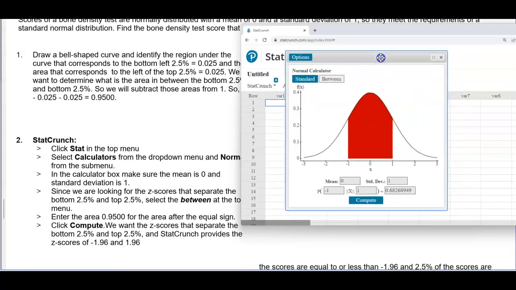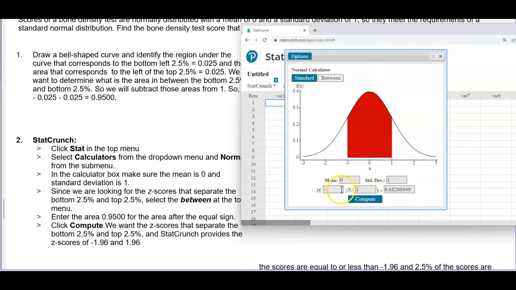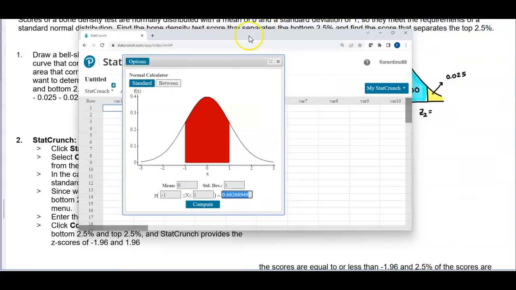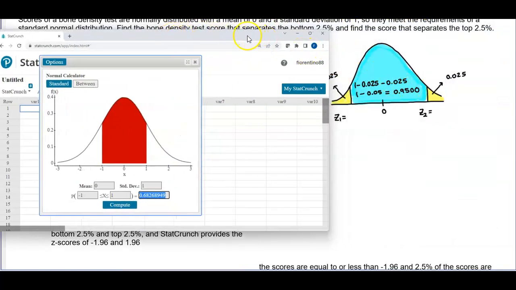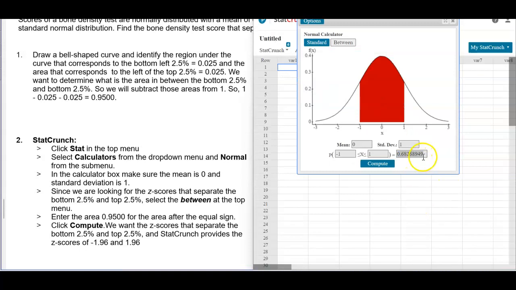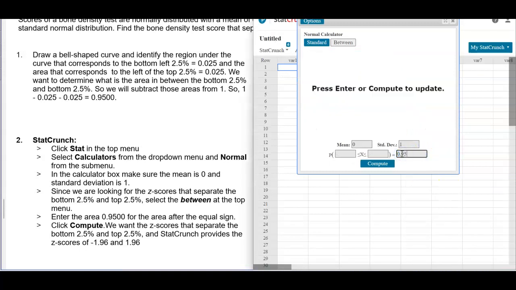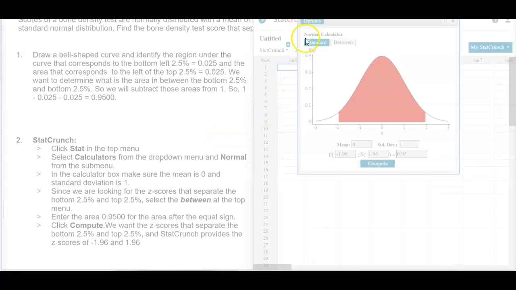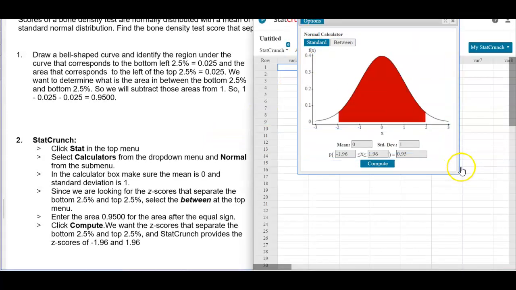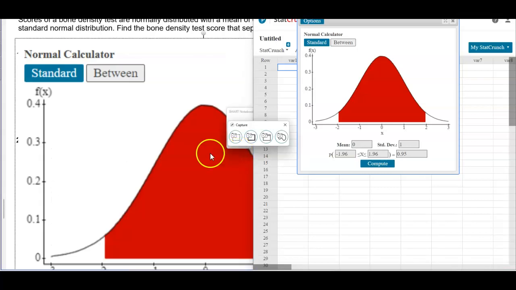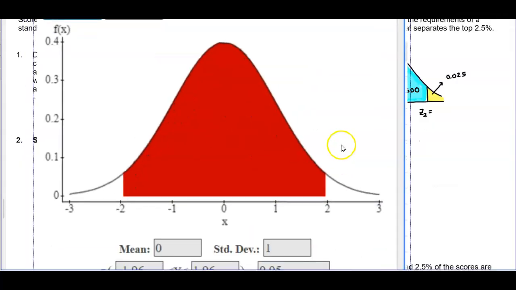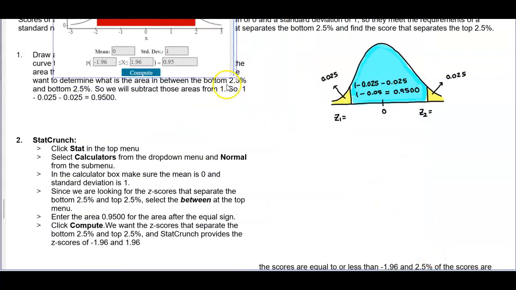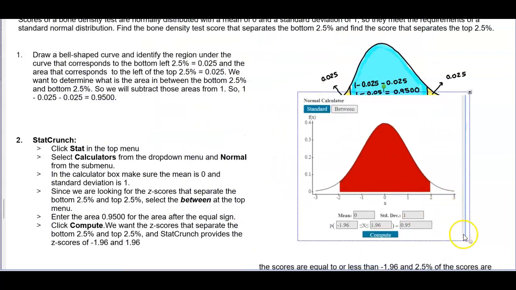Since we're looking for the z-scores, we need to enter the area that's in between. Well, we found the area in between, which is 0.95. So let's put that in here, 0.95, and then select Compute. When you select Compute, you're going to see what those z-scores are. So let's copy this, and now we can fill in our z-scores.